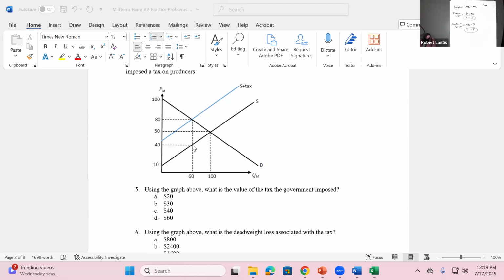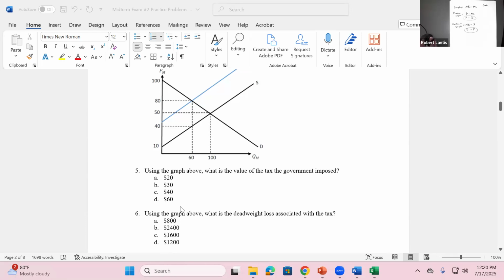The value of the tax always, so 40, right? The width will always be the number of units that have been reduced because of the tax. So 40 times 40, it's a triangle, so we have to multiply it by 1/2. We're keeping supply and demand linear here. So that difference between the marginal benefits and marginal cost, 40 times 40 times 1/2 should be 800. Okay.